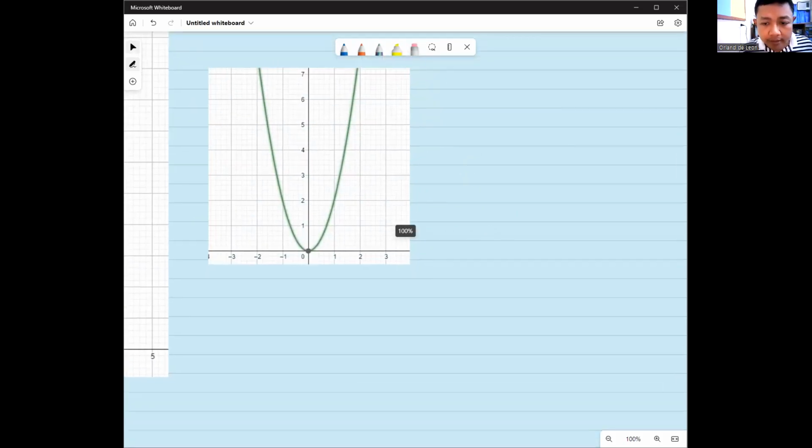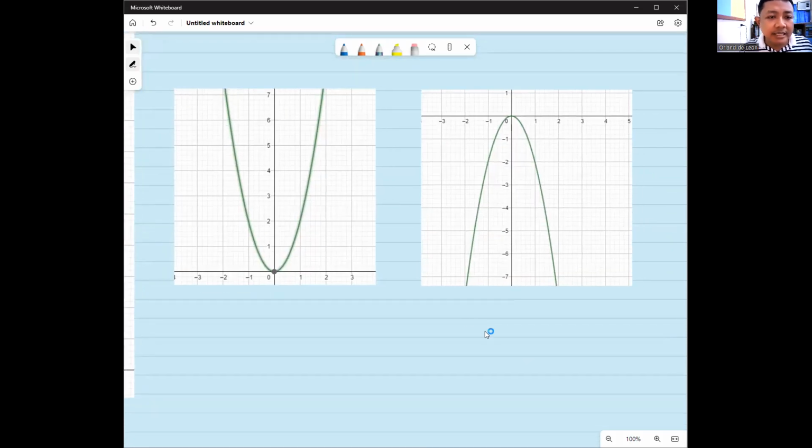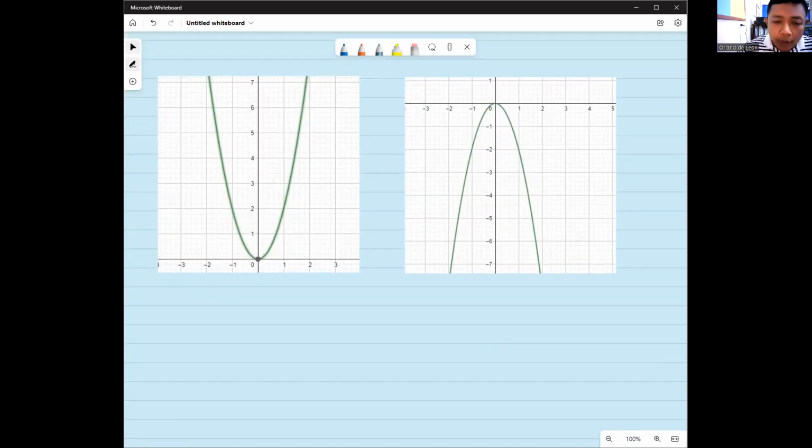Ayan. Whether it's facing upward or, let me change it to facing downward. Okay, here. Sample.